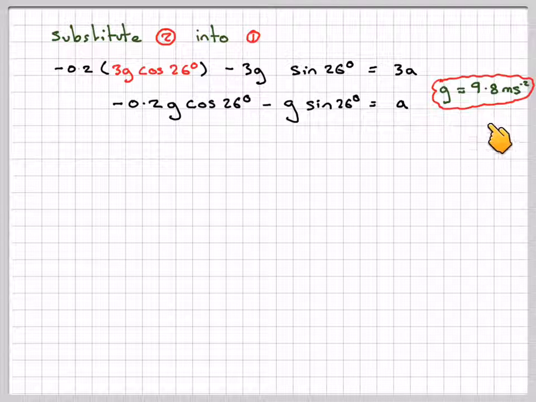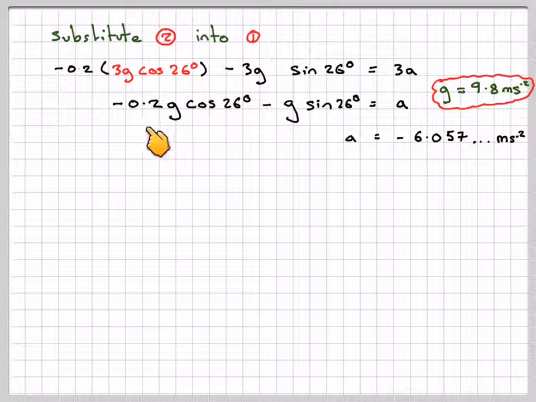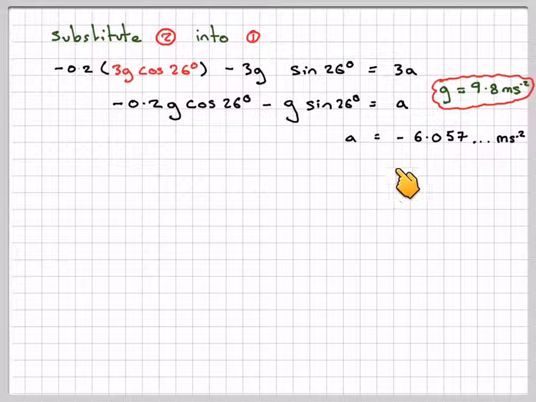We know that g is 9.8 meters per second squared, so on my calculator, I'm going to get minus 6.057 meters per second squared, which means it is actually slowing down and will eventually come to rest.